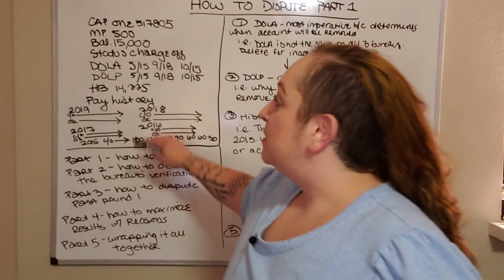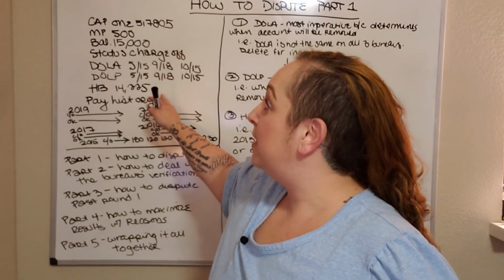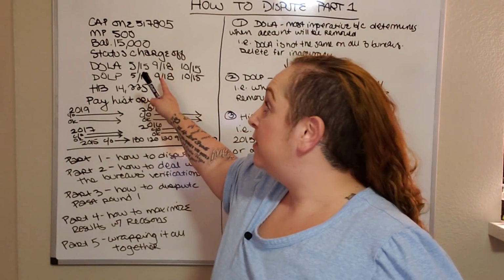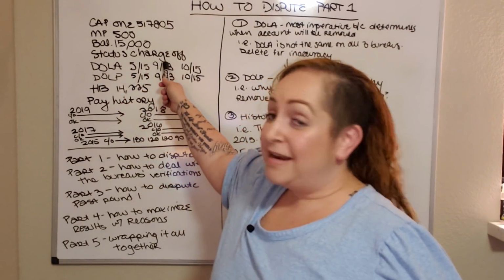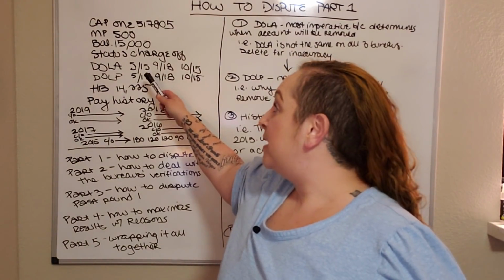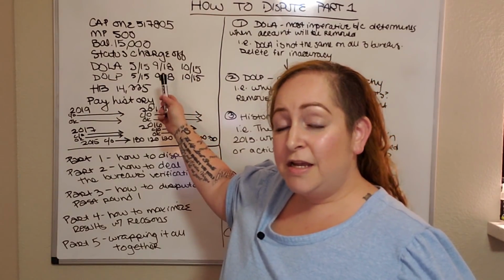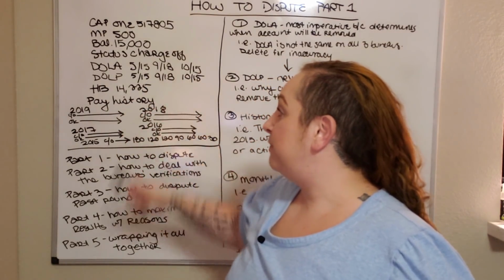Now, what I did was I gave you an example account. Okay, so we have Capital One. The monthly payment is $500. The balance is $15,000. The status is charge off. The date of last activity is 5/15, 9/18, and 10/15. The date of last payment is the same, 5/15, 9/18, 10/15.